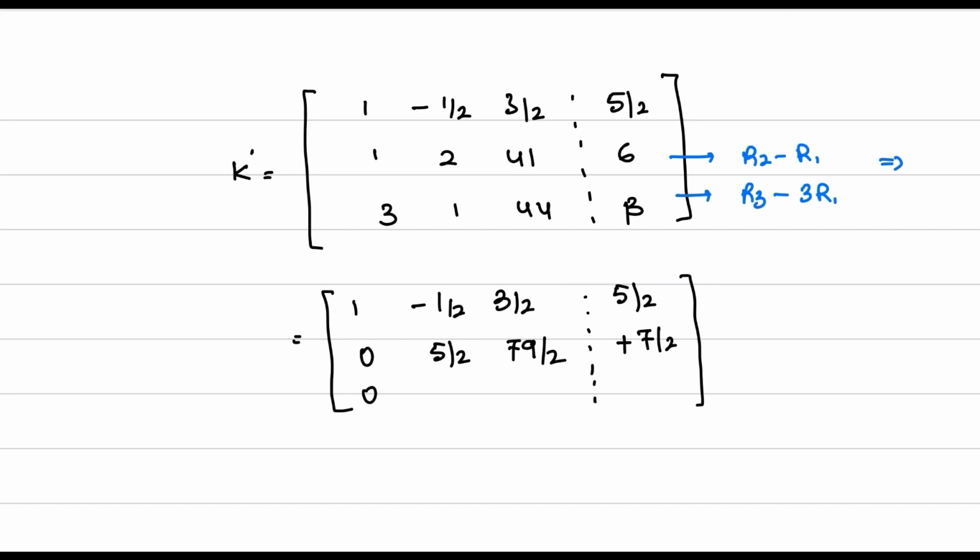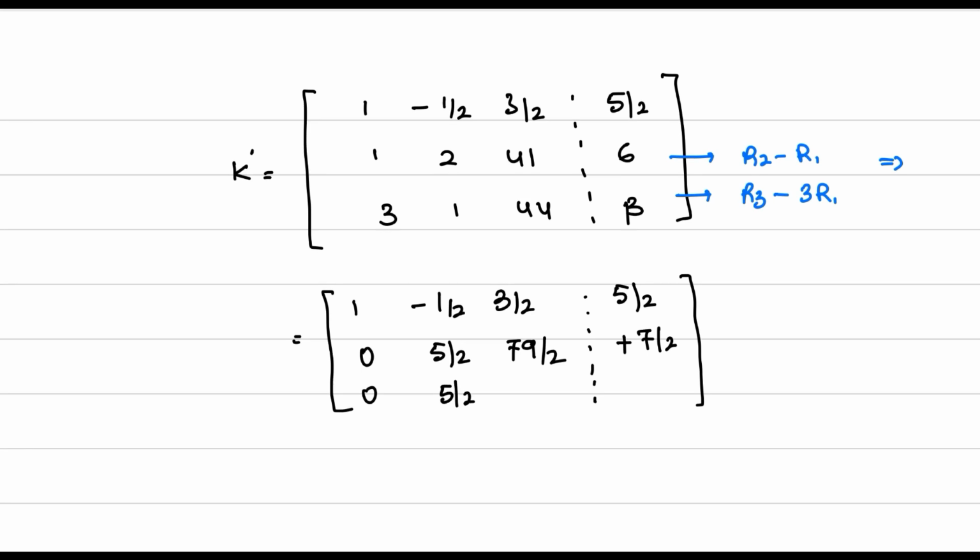Now 1 minus 3 minus 1 by 2, that means 1 plus 3 by 2. 1 plus 3 by 2 is 5 by 2.